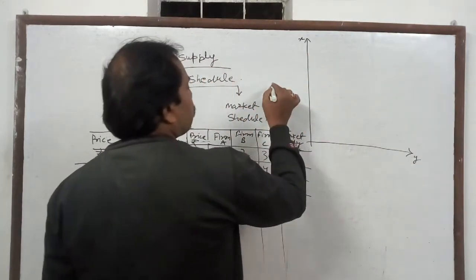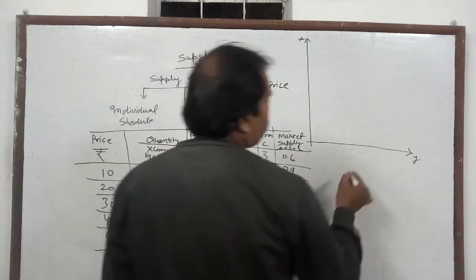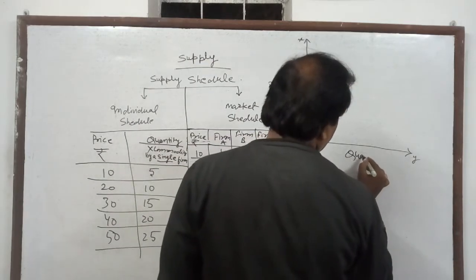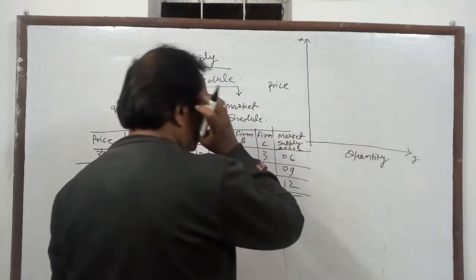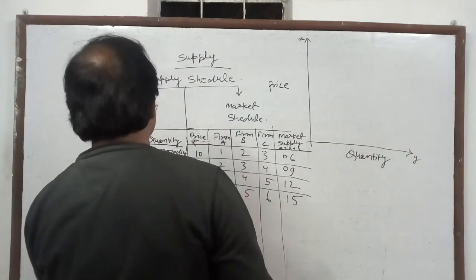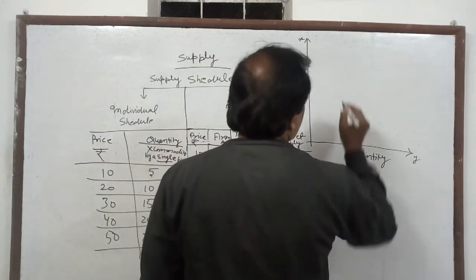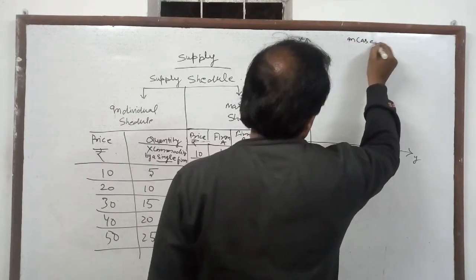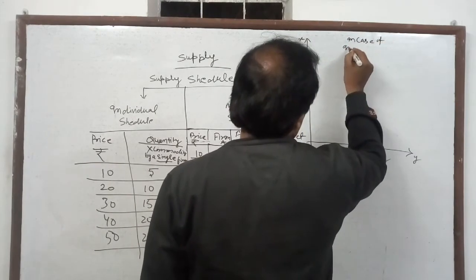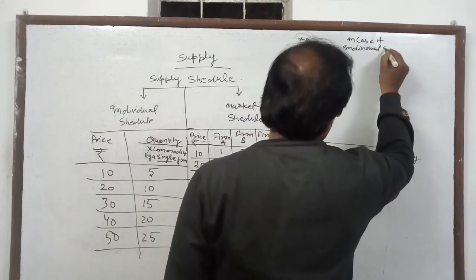On the x-axis I have taken the price, and on the y-axis I have taken the quantity of the commodity in case of individual supply.